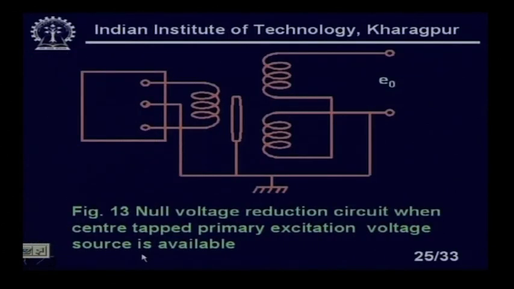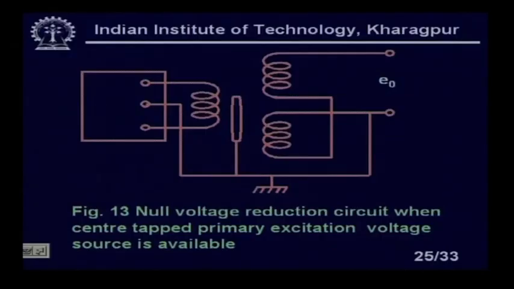Now, this null voltage is a nuisance, we must kill it. There are various circuits available to kill this null voltage. One is a null voltage reduction circuit, used when a center tap primary excitation voltage source is available.